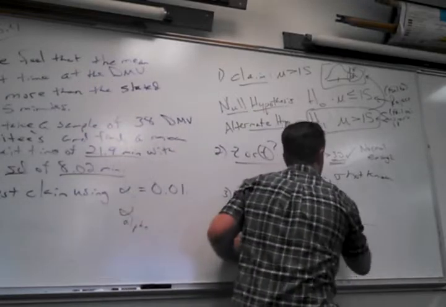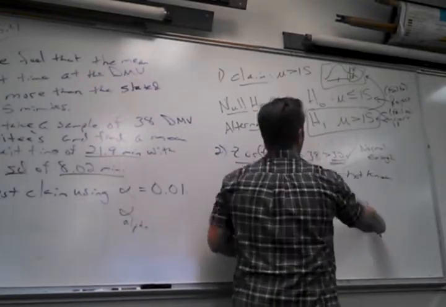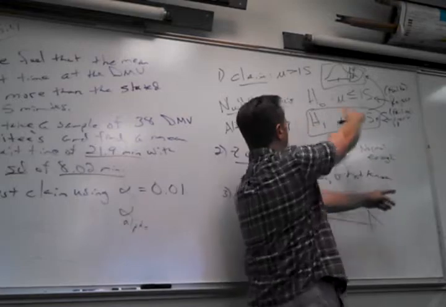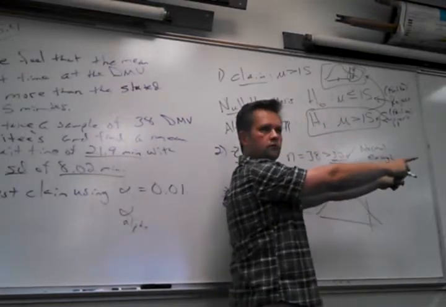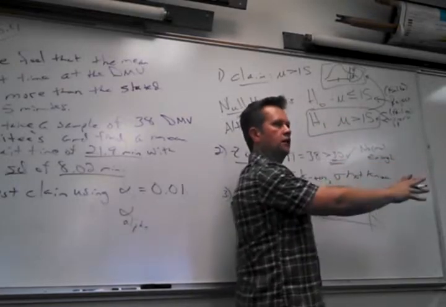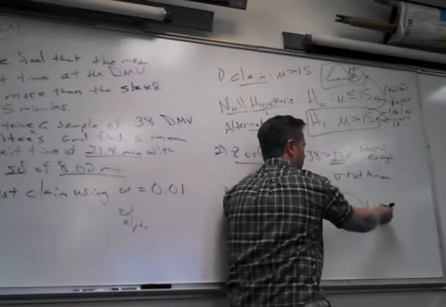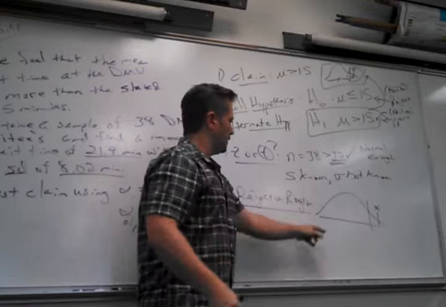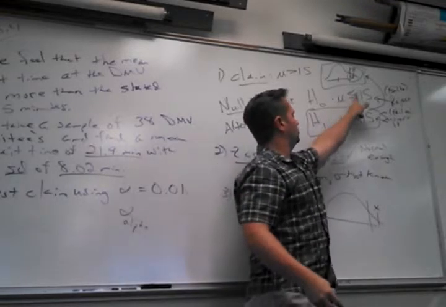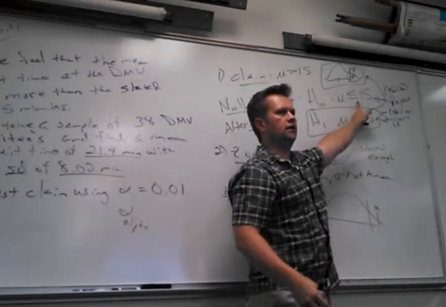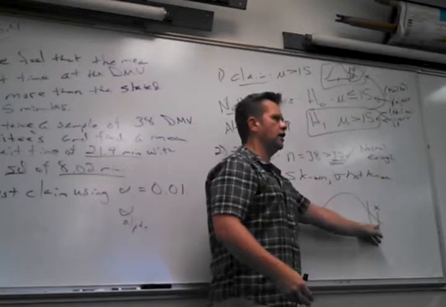If I set this up, I know it's a one-tail test up there, because it was all about being greater than 15. I'm going to show it takes more than 15 minutes to get out of the DMV. If my sample is way out there, what does that say about the claim? Does it look like it's right?